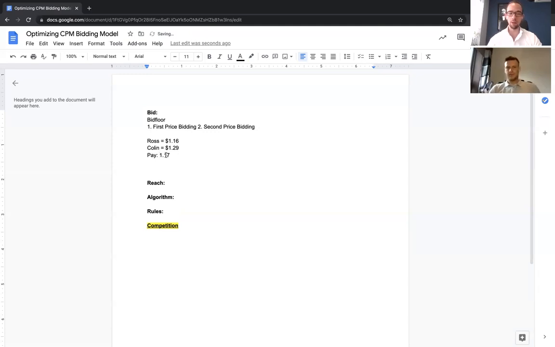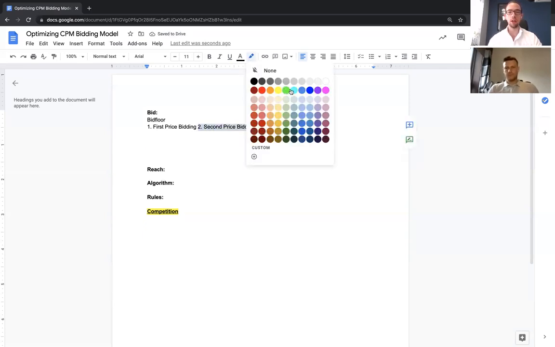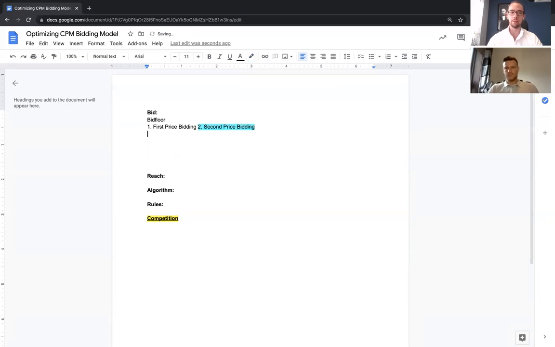So I pay 1 cent more than the second highest bid. Now Ross can increase all the way to, let's say, 25, and I will win the bid with 26, still not 29. So he has to cross that point. Second price bidding, therefore, is a lot more competition friendly, right? Make sense? Yes.